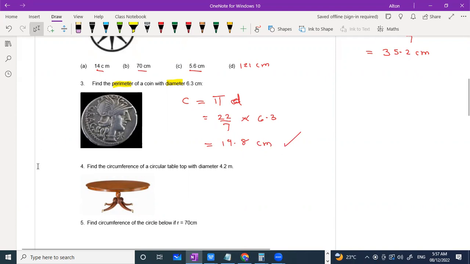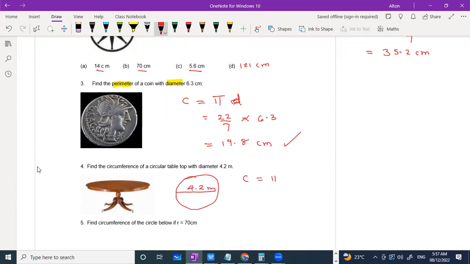Okay, so question number 4. What is the circumference of a circular table top with diameter 4.2 meters? So top view, that's your circle right there. And they give us the diameter as 4.2 meters. So we're going to use, again, this one. C is equal to pi by d. Circumference would be 22/7, which is our pi value, multiplied by the 4.2.